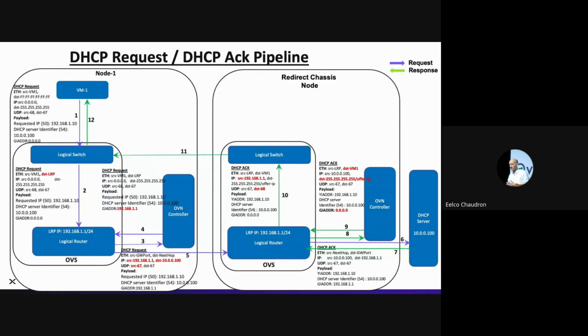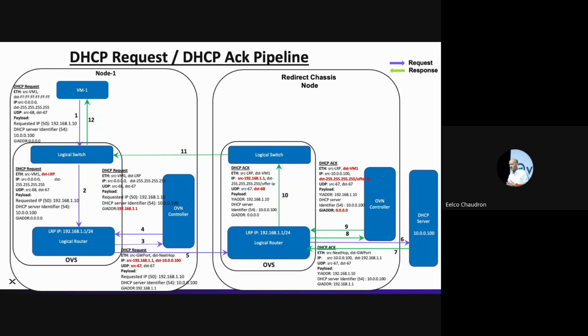We are using OVS actions to update the source IP address and the destination port in the packet. At step number 10, the packet is outputted to the logical switch pipeline, and since the destination MAC is already updated, the logical switch knows to which port the packet has to be forwarded. At step number 12, the packet is forwarded to the VM.